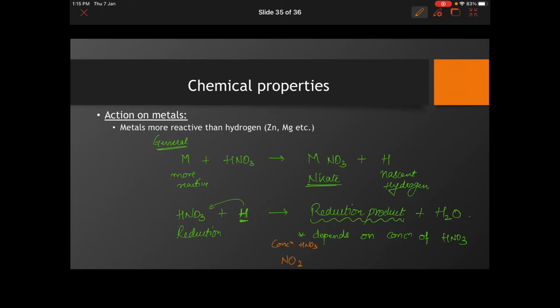But again, if the nitric acid is mild, HNO3, mild HNO3, then the reduction product is N2O, which is known as nitrous oxide. This is nitrogen dioxide, this is nitrous oxide, right?